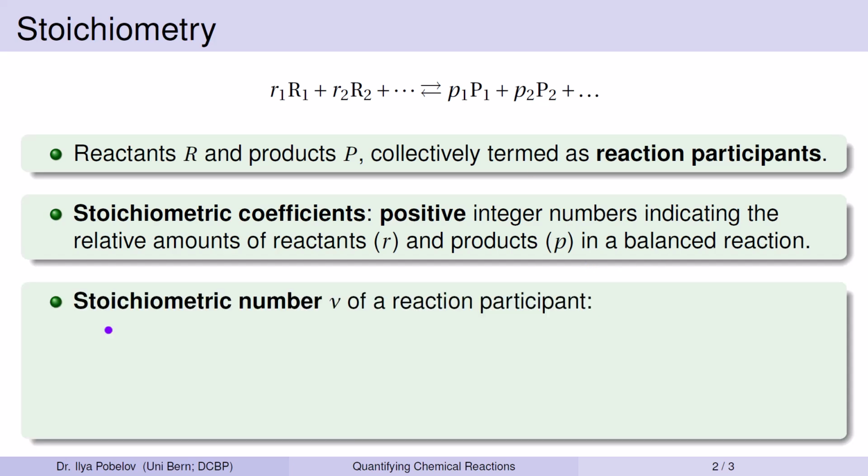We can overcome this inconvenience by introducing another, more general parameter, the stoichiometric number. It is denoted by the small Greek letter nu, which is not the small Latin v. It closely resembles the stoichiometric coefficient, but with a crucial difference.